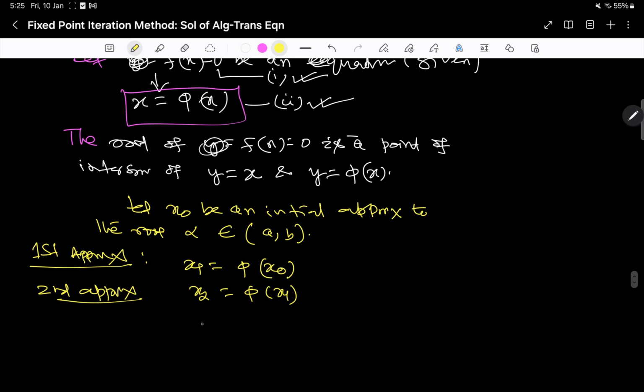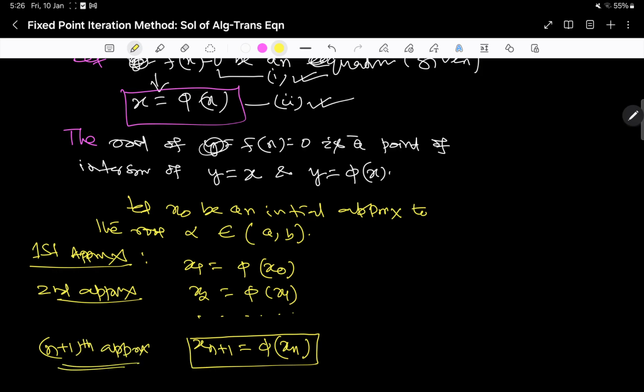If you go on continuing, here x(n+1) will be phi(xn). So this is the (n+1)th or general approximation.